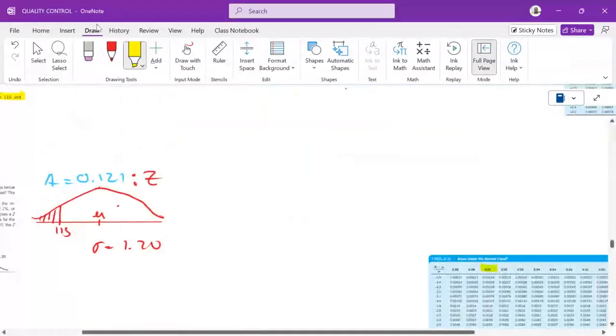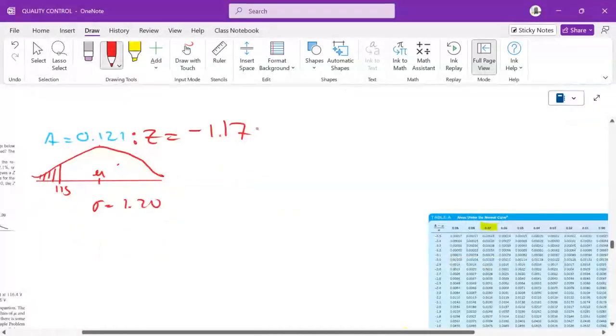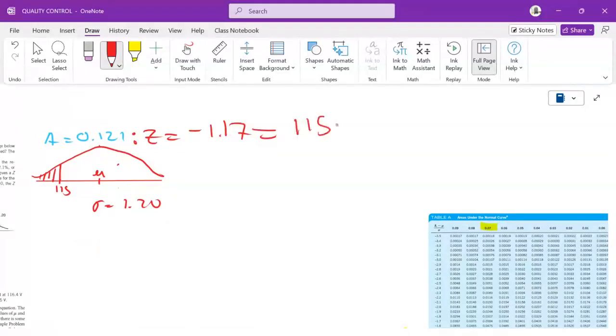So now this is equal to negative 1.17, right? So now we don't have the mean value, I can just continue here. This xi, which is 115 minus the mean, over the 1.2.